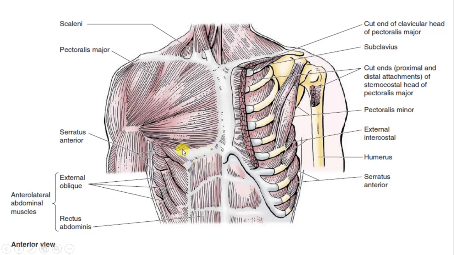They are also attached to the lower ribs, so they may be named accessory muscles of respiration. Also shown is the subclavius, which originates from the inferior surface of the subclavian groove of the clavicle to the first rib.